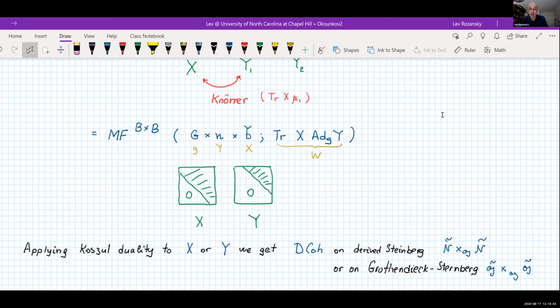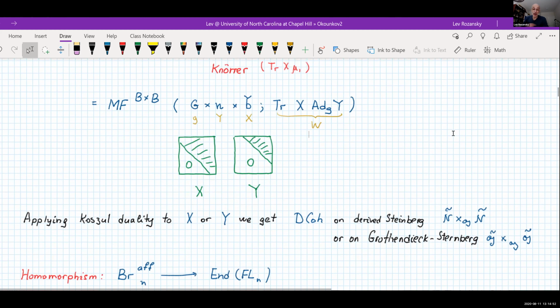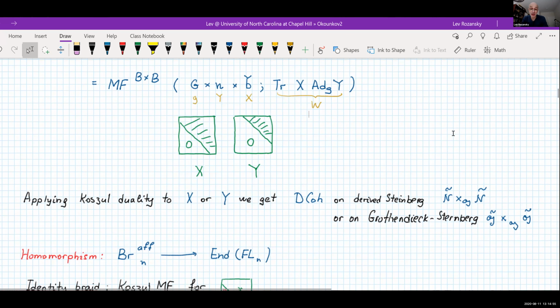It is derived because you trade W for differential, and you cannot get rid of the differential completely in this case. Or if you trade Y for odd variables, then the differential will say that upper triangular X must also respect the rotated flag. So then you get Grothendieck-Steinberg, which is a GLN matrix and two flags that it respects. There is no need to derive.